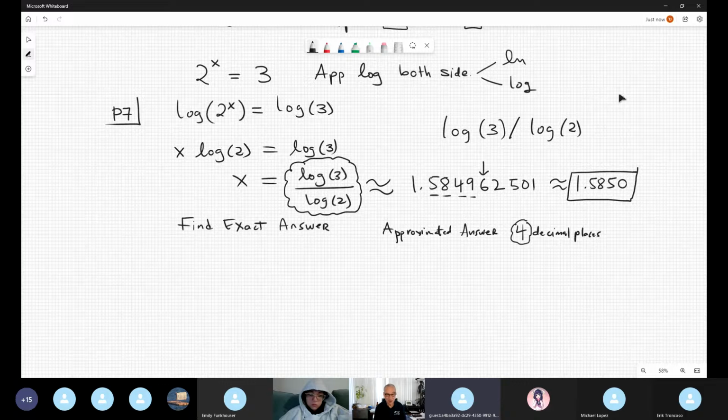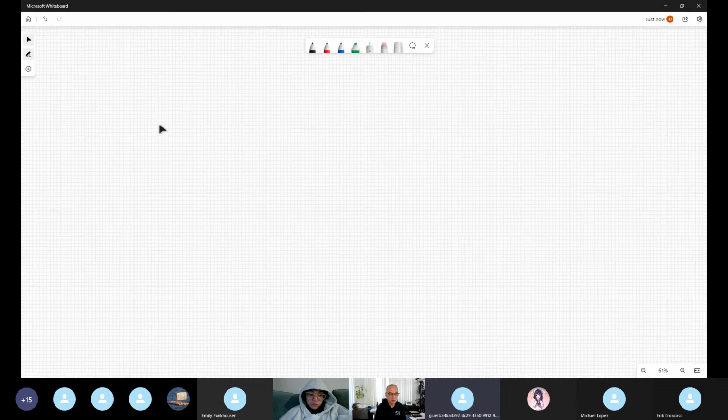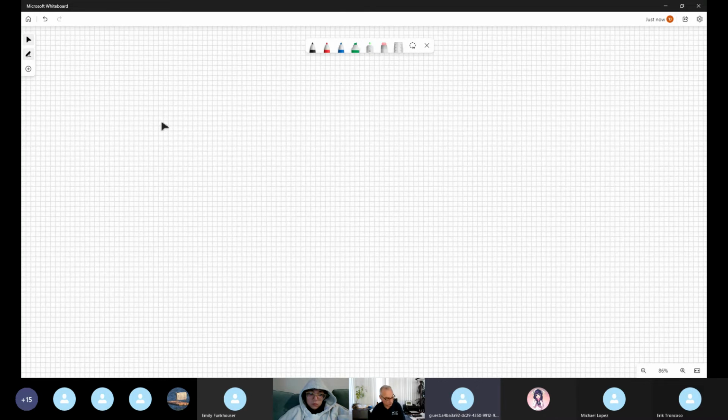We are doing quickly some examples of the application of the property. Suppose I have 4 times logarithm base 2 of x minus logarithm base 2 of y.